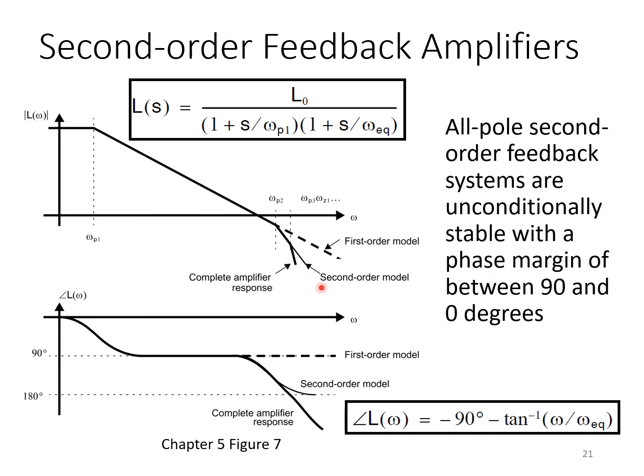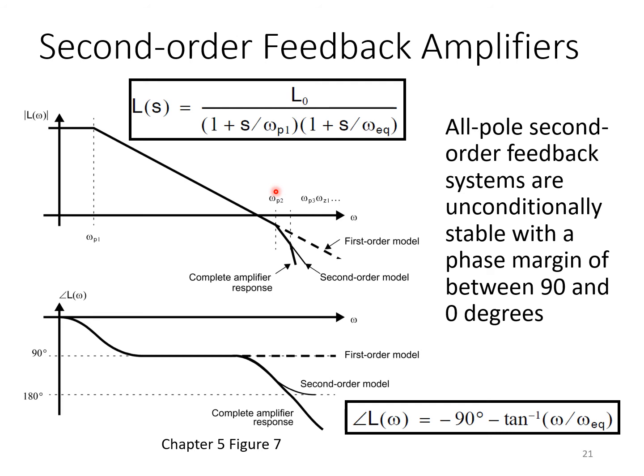But we will see that in order to achieve a reasonable phase margin, we're going to have to compensate amplifiers. We're going to have to force them to have at most one pole at low frequencies, and so therefore we get a unity gain frequency that kicks in at around the same frequency as the higher order poles.